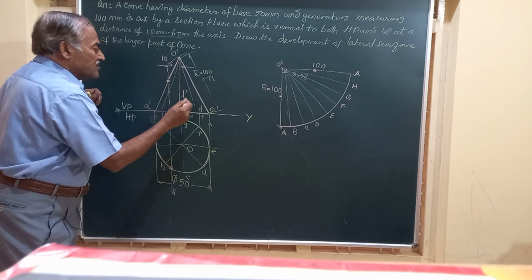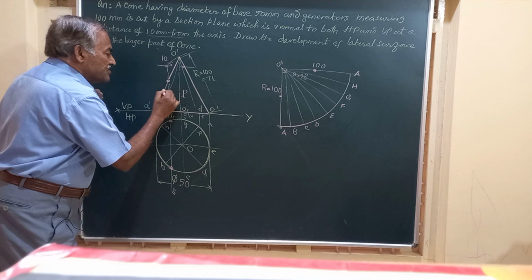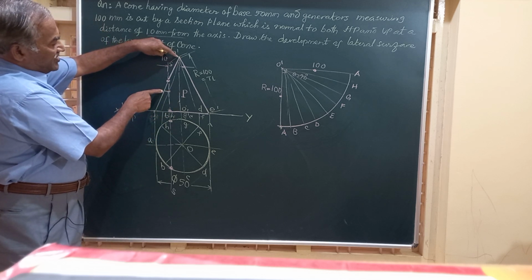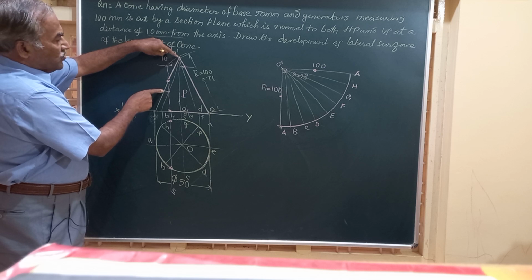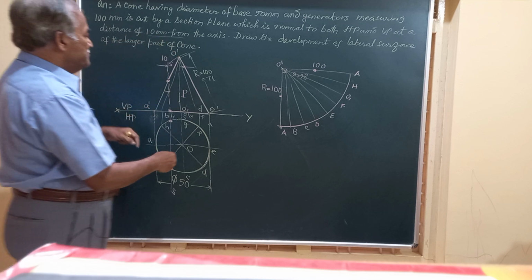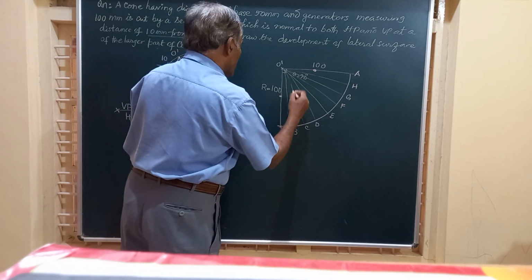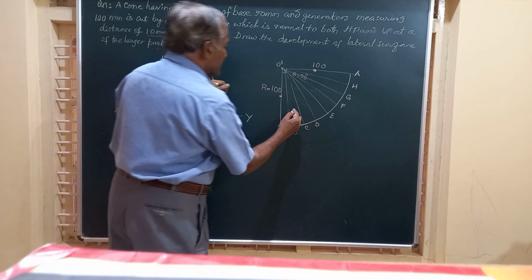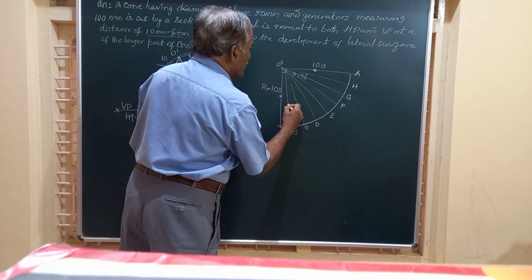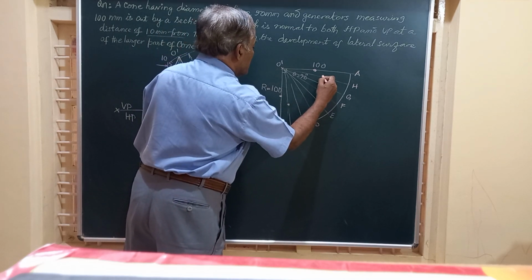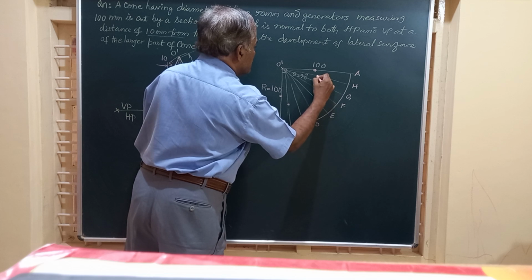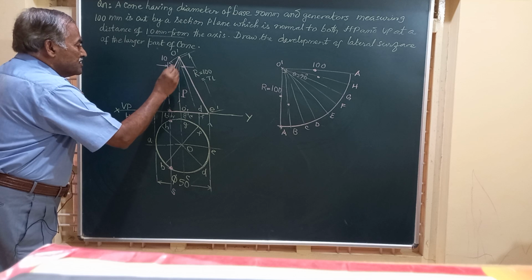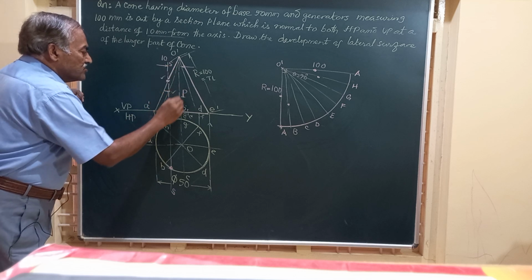But these two are not true length. You can shift it to the true length generator O dash A dash and take this measurement on OB and OH. So you are going to have this measurement on OB and OH below. Friends, you have got this point. You have obtained this point also.